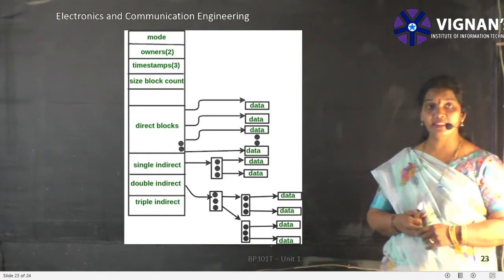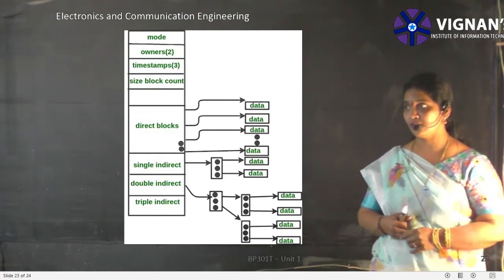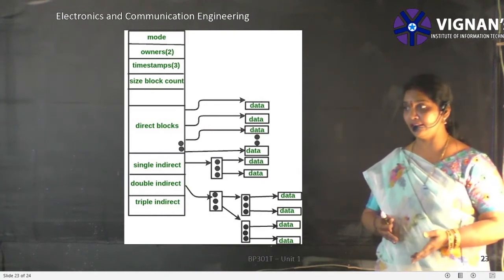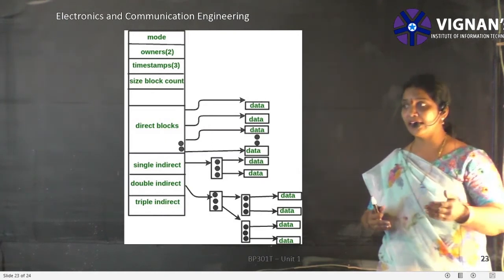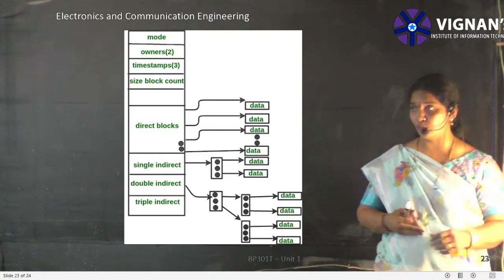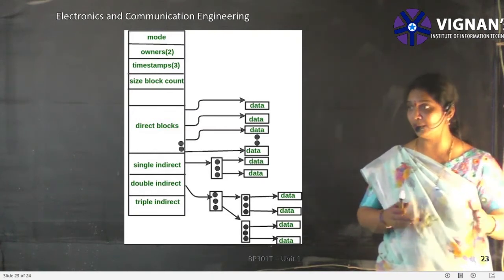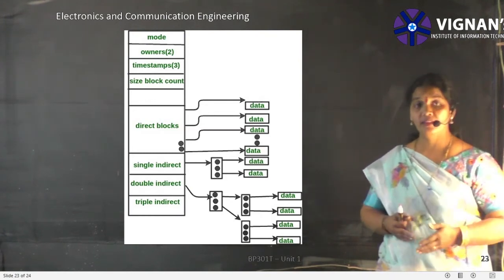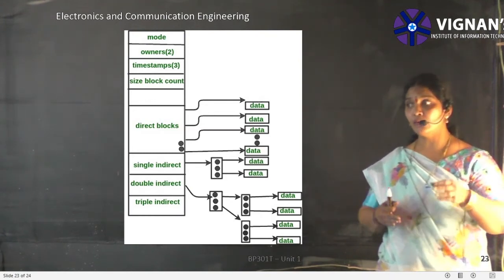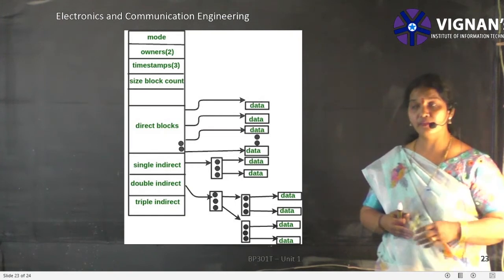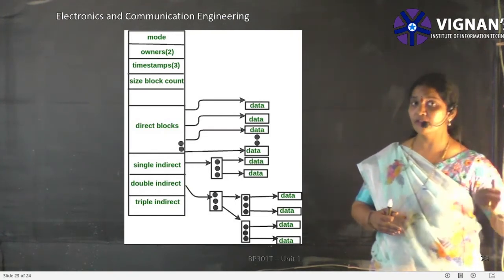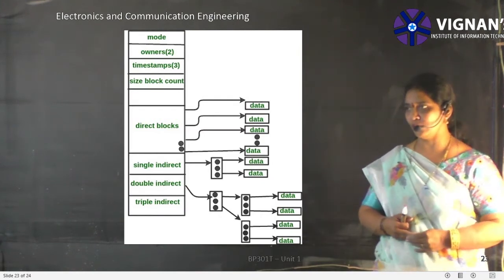The figure shows single indirect, double indirect, and triple indirect, where the direct node specifies where the data is stored. Single shows the pointers to where the other files are stored. In double, it points to the next locations where the other things are stored, and so on.